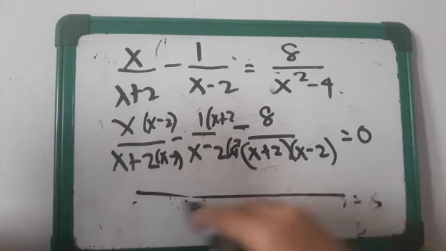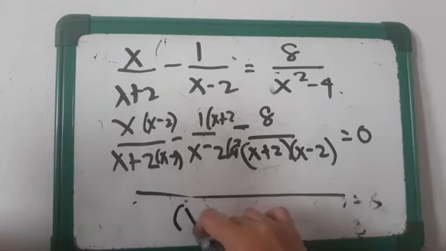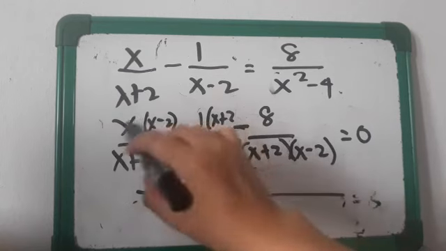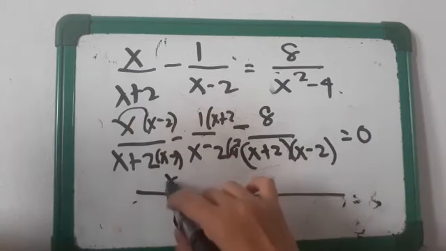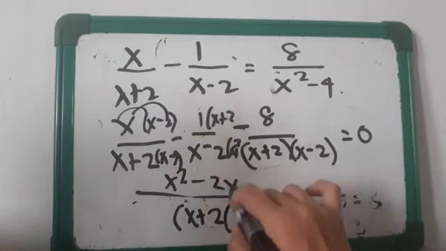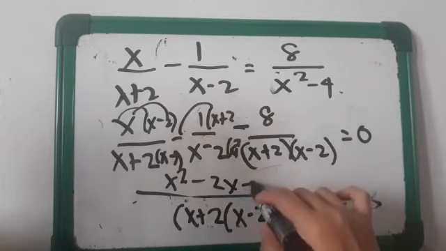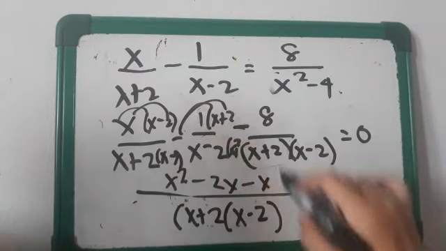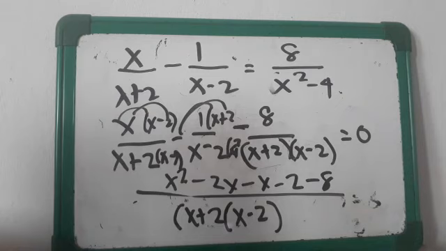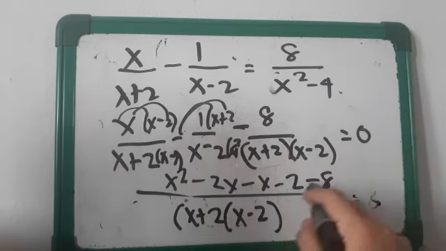Magiging x plus 2 times x minus 2 over distributive property x squared minus 2x minus x minus 2 minus 8. Okay? Tapos, pagsamasamahin na natin yan.